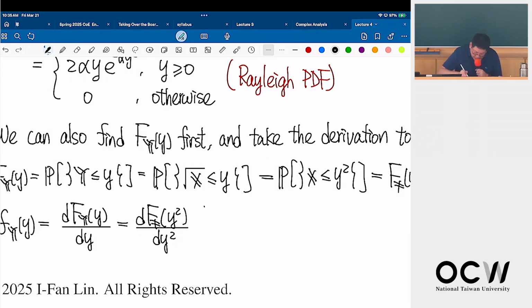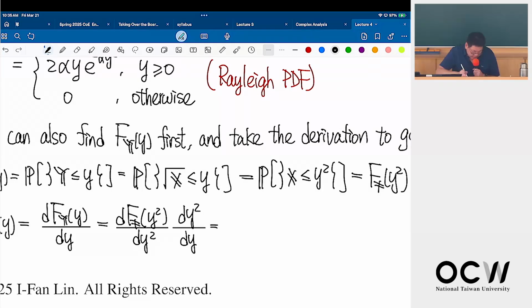And we use the chain rule. Then you get the PDF of x at y squared times 2y. And your y is greater than 0.